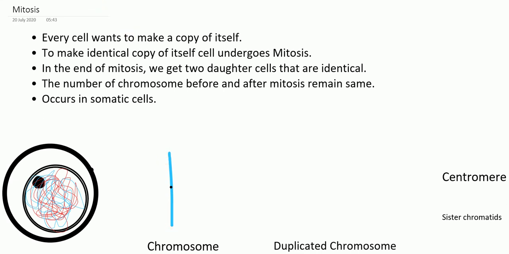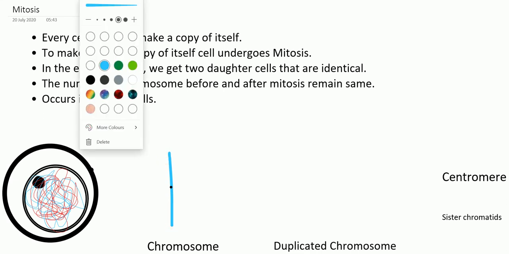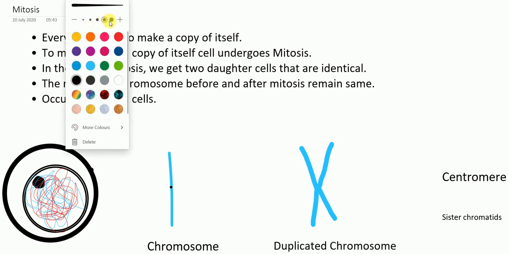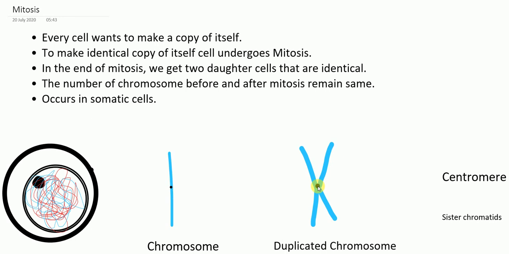After the DNA replication, after the cell undergoes S phase and the DNA is duplicated, it becomes like this, and this is what people usually associate with a chromosome. Yes, it is a chromosome, but this chromosome is duplicated. This is actually a pair of chromosomes.